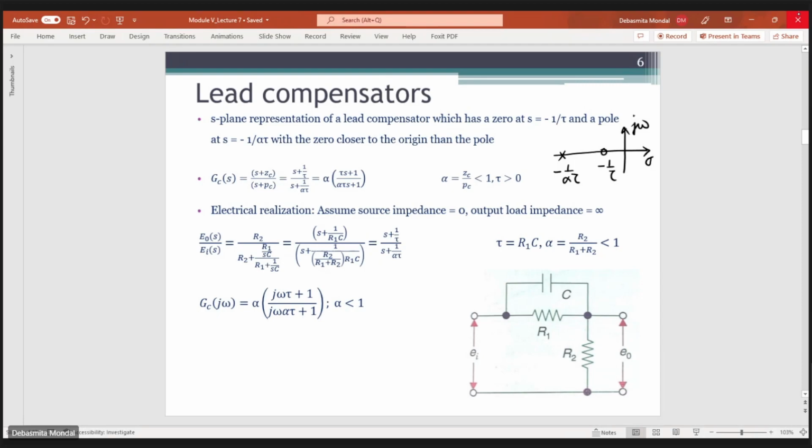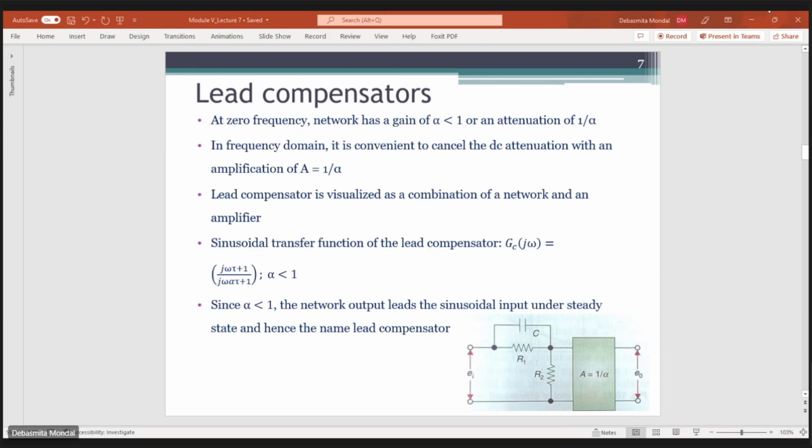Now here you see that since the value of alpha is less than 1, if you write the phase angle of this transfer function, the phase angle of GC of j omega would be equal to tan inverse of omega tau minus tan inverse of alpha omega tau, right?